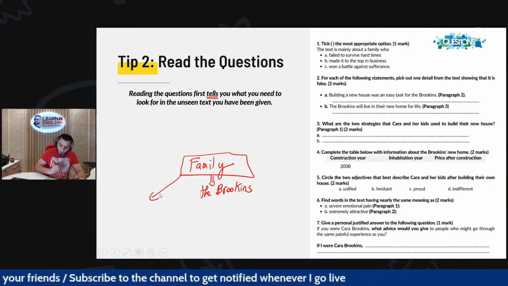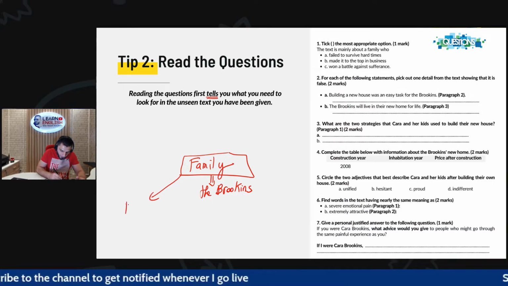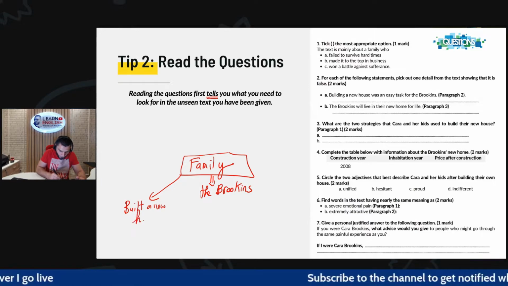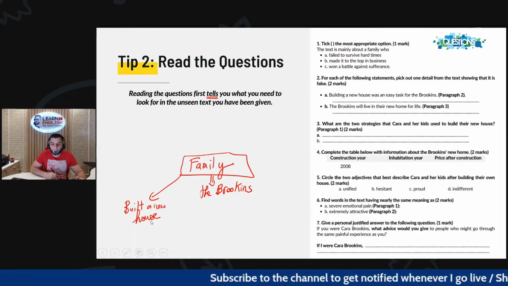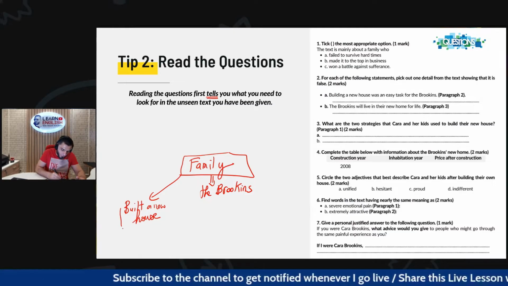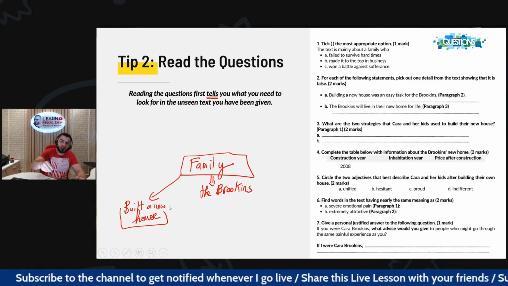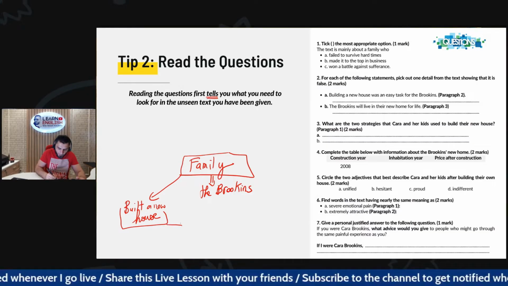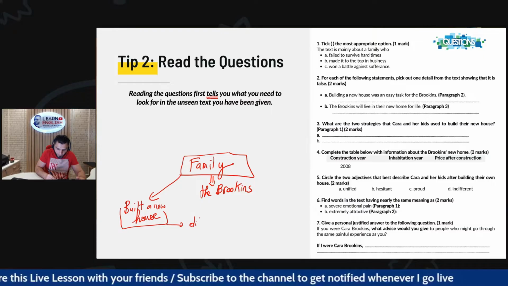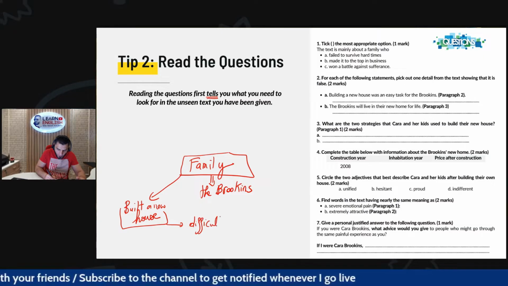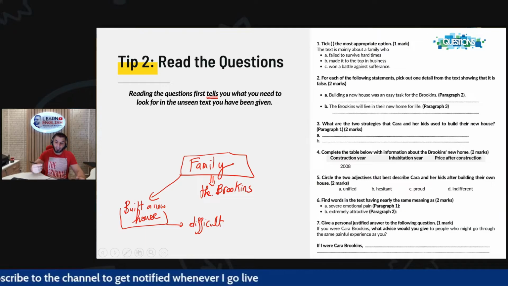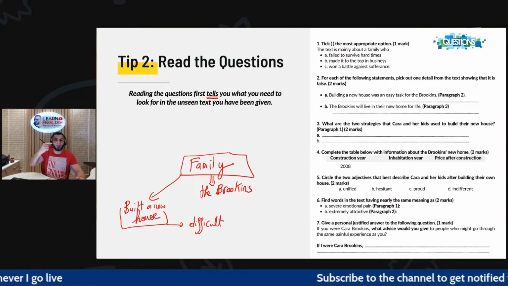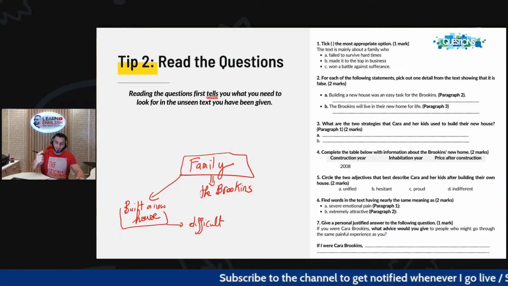Then Brookins built a new house, and which, of course, the question says was an easy task, but this is not correct. So here it was difficult for the family to build a new house.